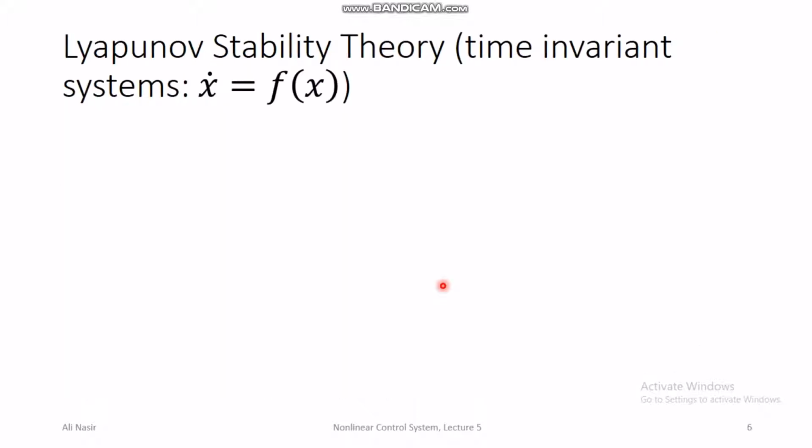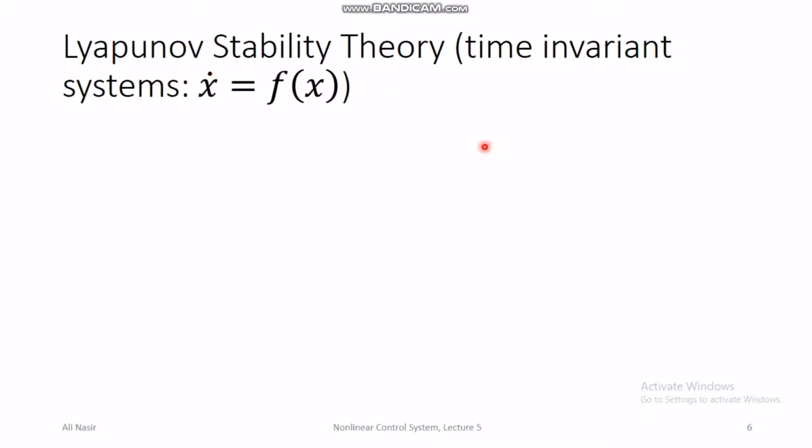Next we look at the Lyapunov stability theory. So this is the analysis part of the course. So stability analysis: how do we analyze or define stability for nonlinear systems?